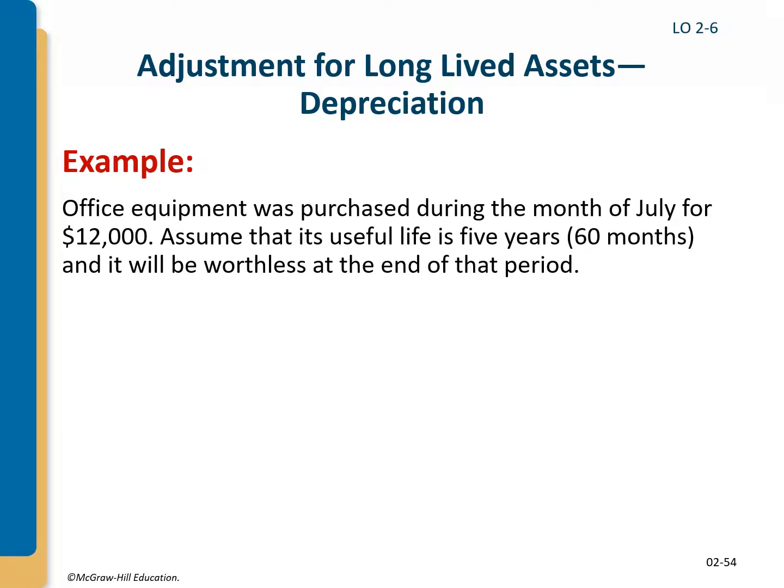Here are some estimating. Office equipment was purchased during the month of July for $12 grand. Assume its useful life is 5 years. And it will be worthless at the end of that period. I think we're going to assume we're using straight line depreciation.